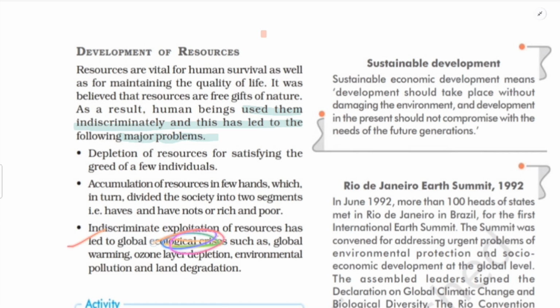Listen to this word, ecological crisis, such as global warming, ozone layer depletion, environmental pollution, land degradation. It can create a vital problem. It offers a direct channel for flood, drought, raising of temperature, that is global warming.